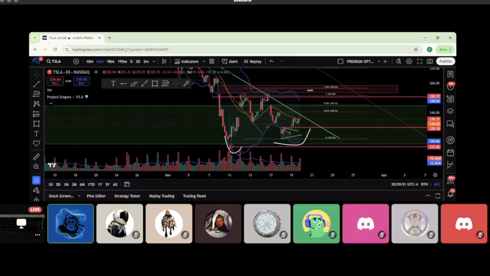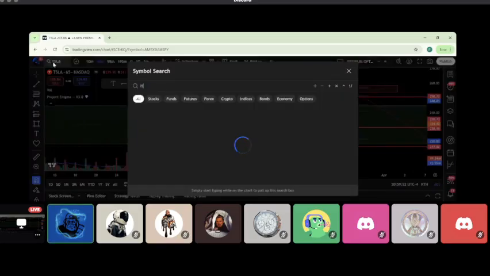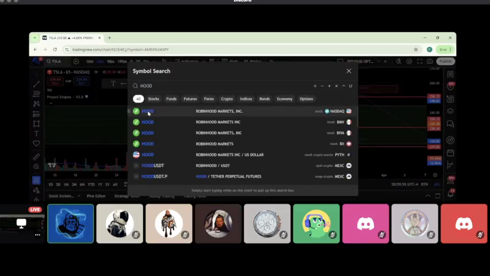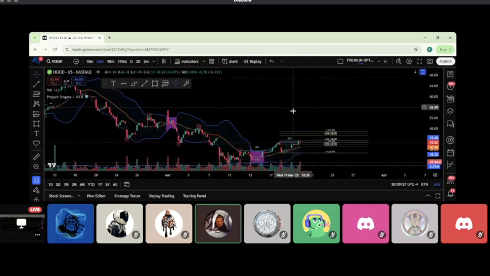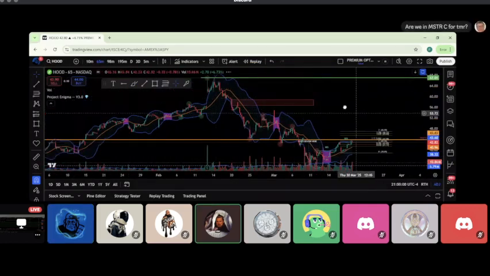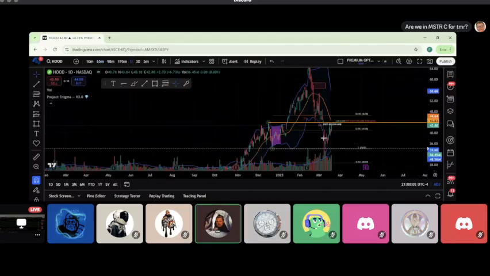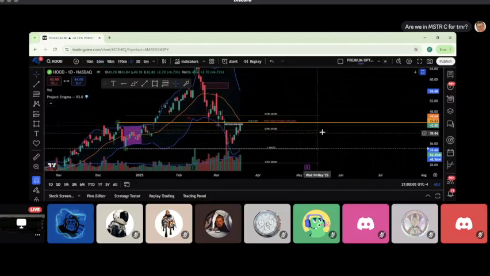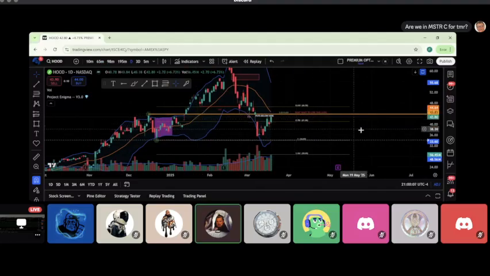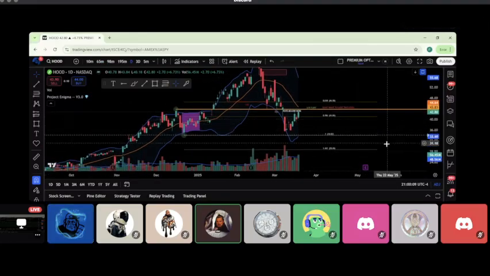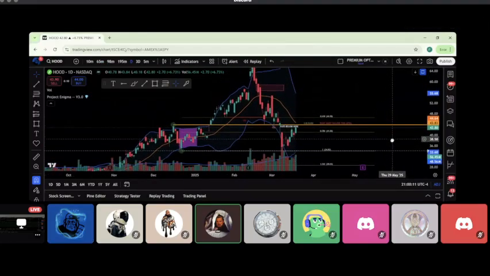Let's check out HOOD. HOOD's another one that's just been absolutely tearing. It's crazy. All these name brand growth stocks just move like penny stocks these days.